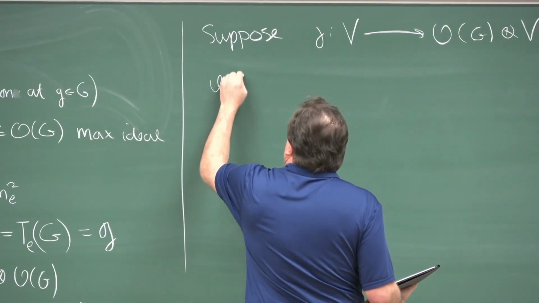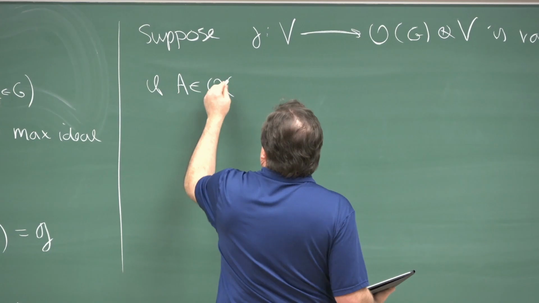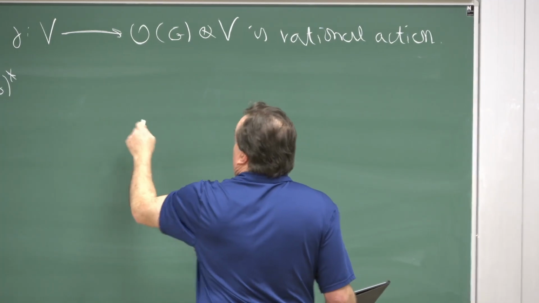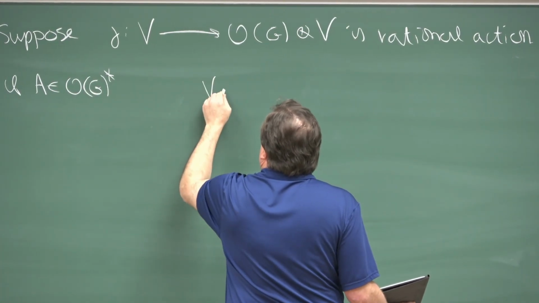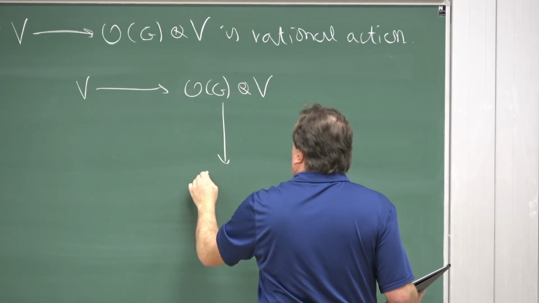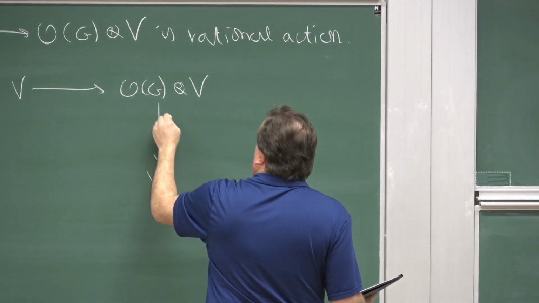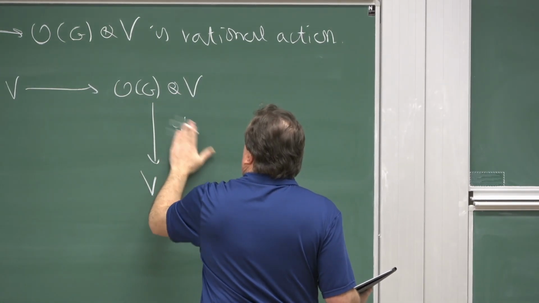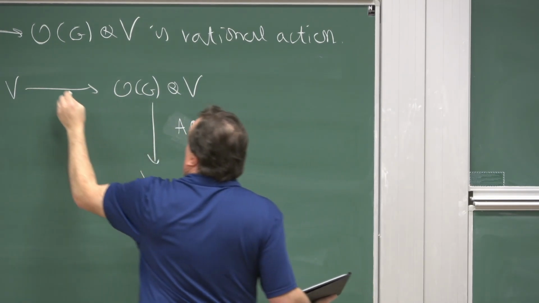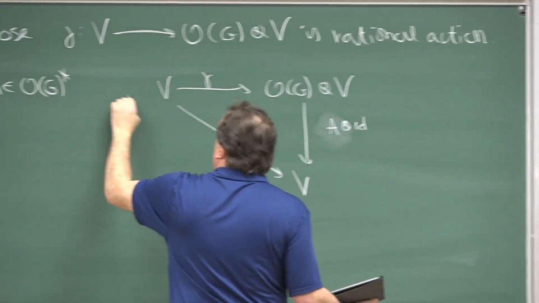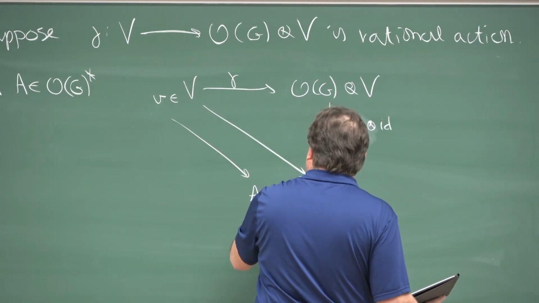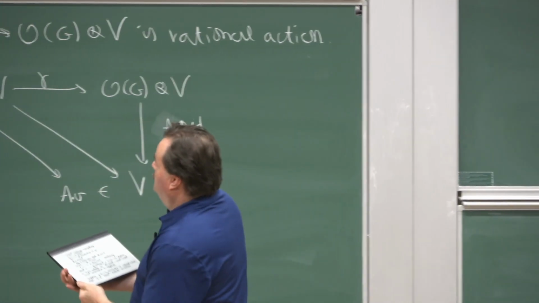If we have any element A in this dual, the way it acts on V is that we apply A to gamma, and then we get a map which we can think of as an action of this algebra.